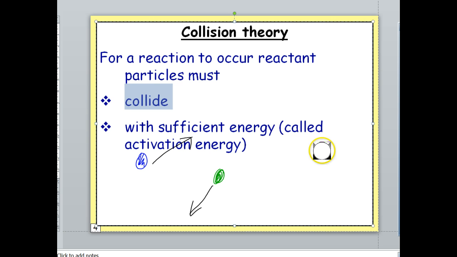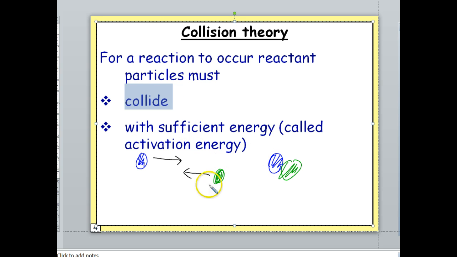If, however, the two particles are moving towards each other, like so, then the chances are they will collide and we have the possibility of a reaction, where the two particles come into contact with each other, new bonds will form and we form a new compound. So that's our collision theory, the collision aspect.